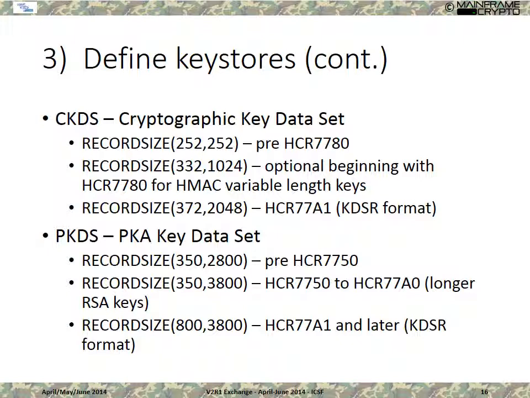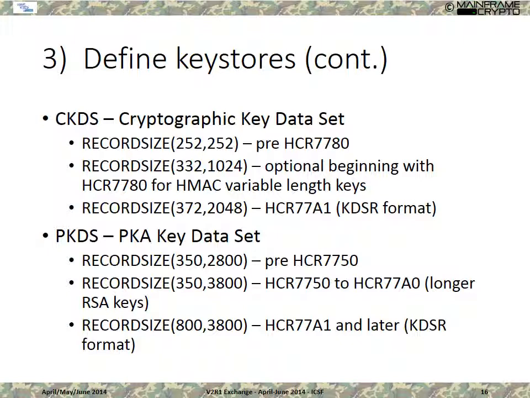Now, HCR 7781 can still use a fixed length CKDS, a 252 by 252 key store. It'll still work. Or it can use the HCR 7780 key store that's record size 332 by 1024. It will still process those old keys. However, if you're running a fixed length CKDS, you can't store any HMAC keys.